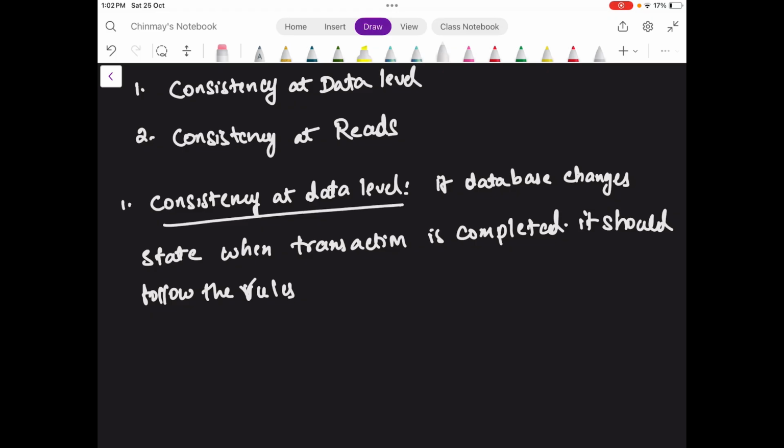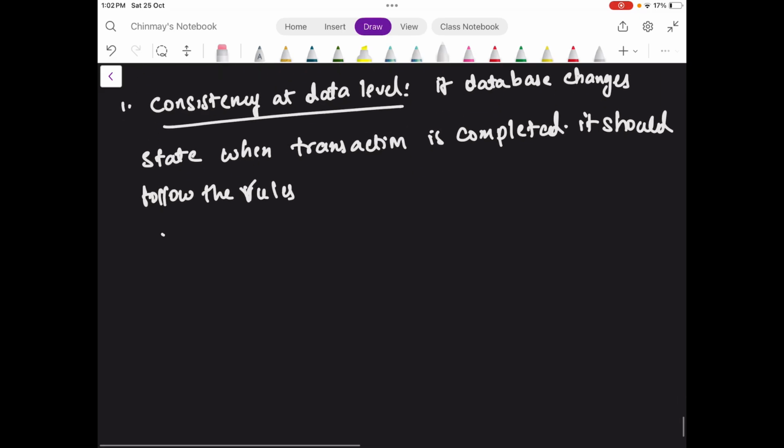It should follow the rules. So if the database is consistent, that means definitely it should have atomicity, it should have isolation.